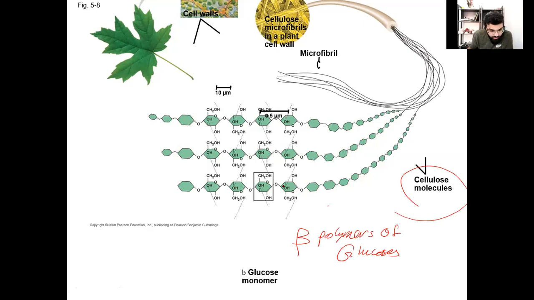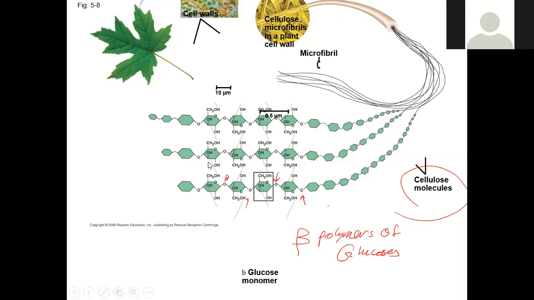Do you see how it's down, up, down, up? So this is a beta chain. Because of that, it's able to make hydrogen bonds with the upper chain. So these chains link together by hydrogen bonds, which make it tough and strong. Okay, guys? You got the point.